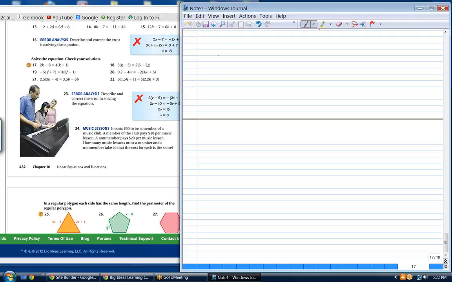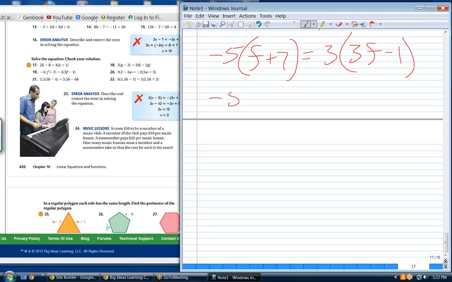Okay, let's try this one. Next line. So you distribute, which is negative 5f plus 2.